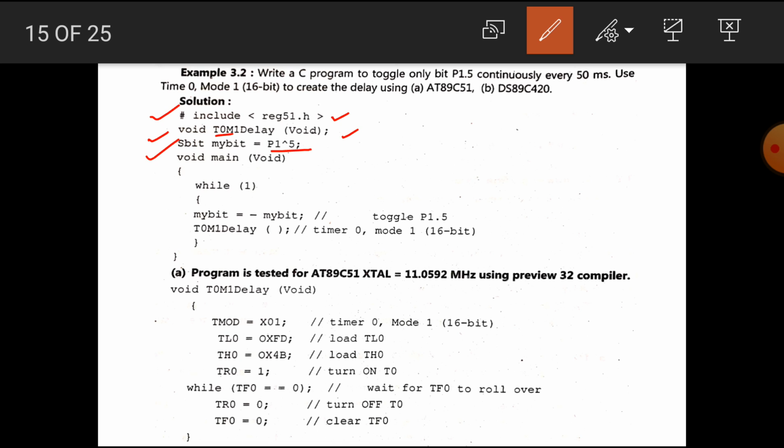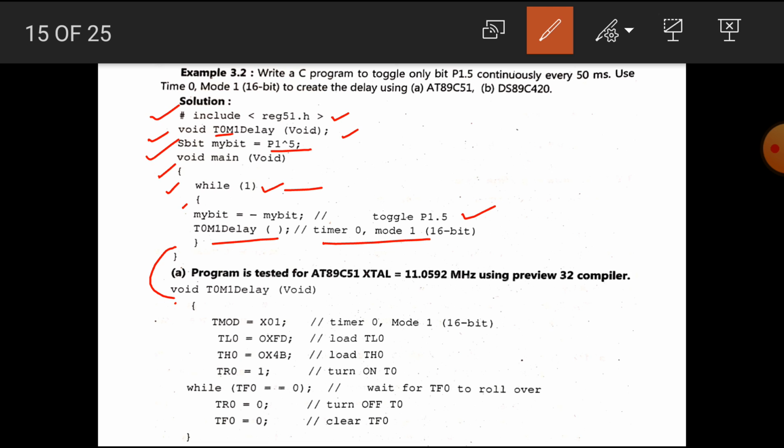Then void main(void), opening bracket, while(1), that means repeat forever, again in loop opening bracket, mybit is equal to complement of mybit, that means it toggles the P1.5 bit. Then it calls the delay subroutine T0M1delay, timer 0 mode 1 delay.